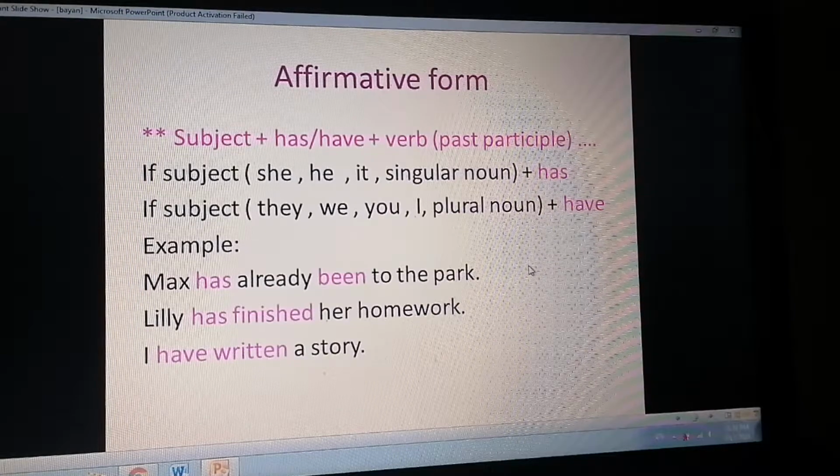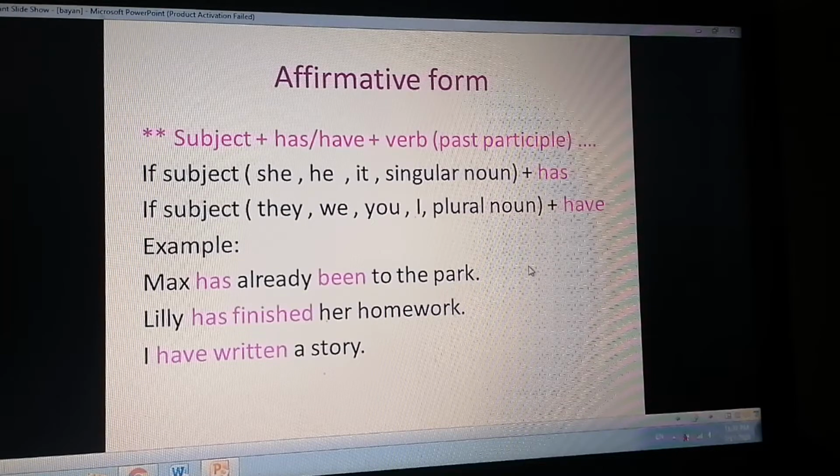The subject, as you know in English, is a pronoun or noun, plus has or have plus verb past participle. If the subject is she, he, it, or a singular noun, plus has.